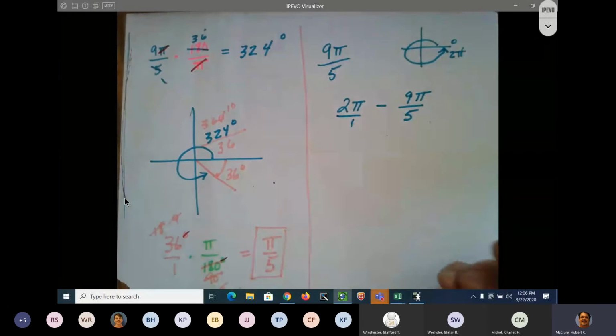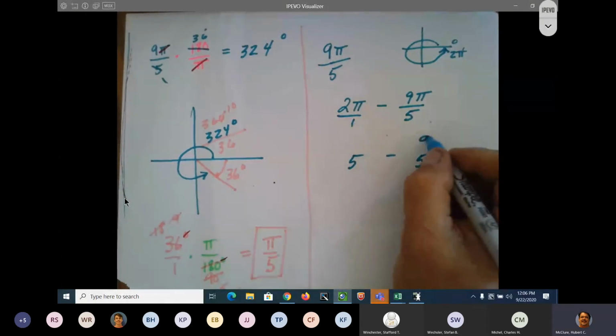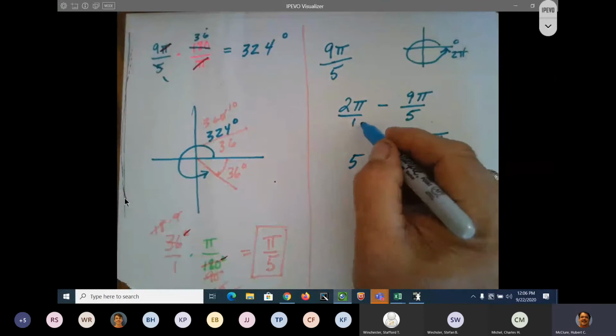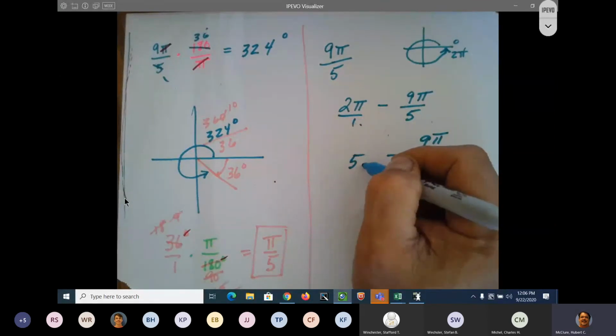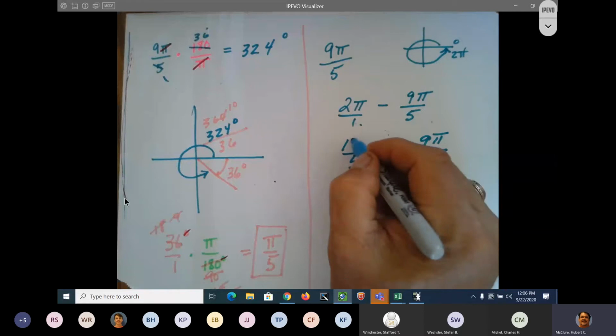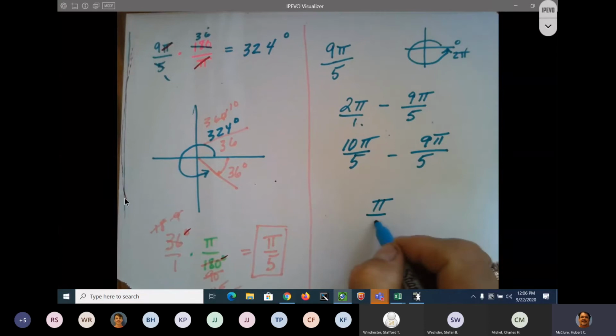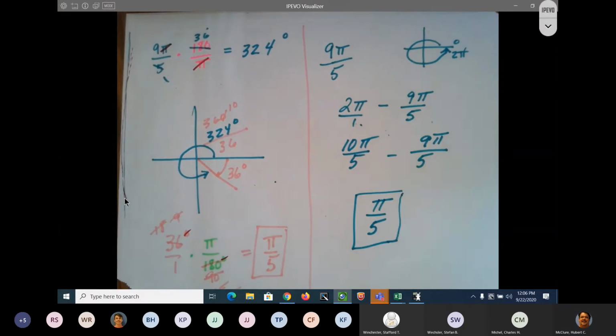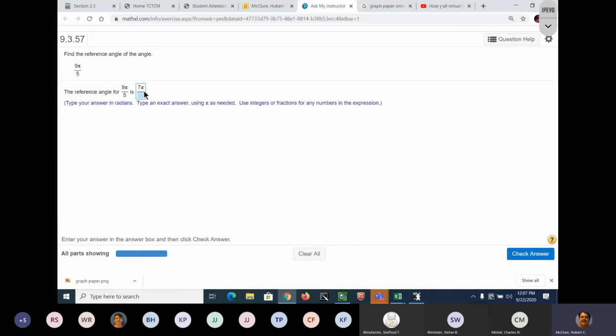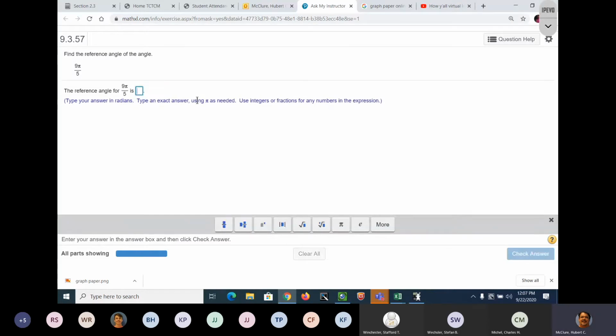So I got to get a common denominator. 1 will go into 5 5 times. 5 times 2 is 10 pi. 10 pi minus 9 pi is, look at there, it's a miracle. And I guarantee you somebody's light bulb is going off and going, oh, I see now. It's a miracle. Pi divided by 5.